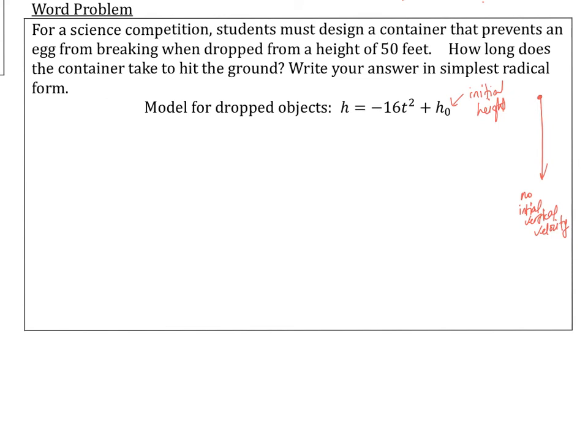So now we can set up this equation here. So this egg is dropped from a height of 50 feet. So this is our initial height. And how long does it take the container to hit the ground? So this is our final height, h. So h will be 0.